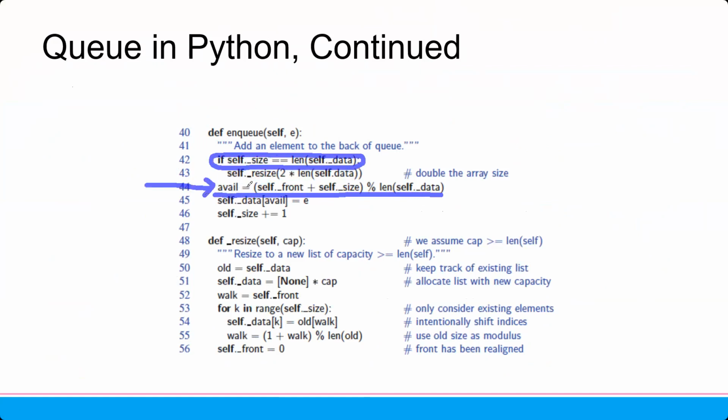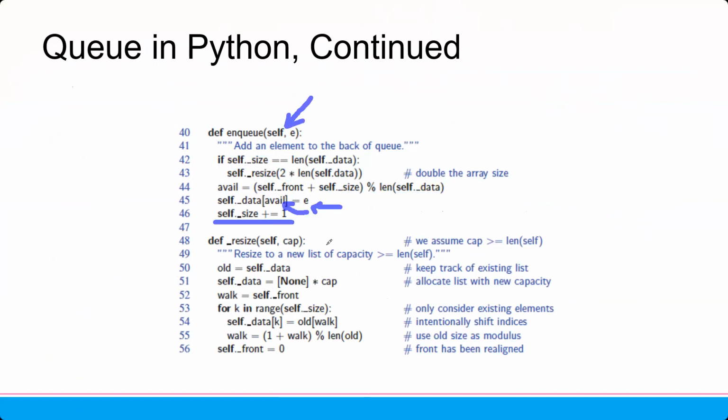The index is front plus size modulo length. Then we will put E, which is the element, into the index in the available position. And the size will be plus 1.